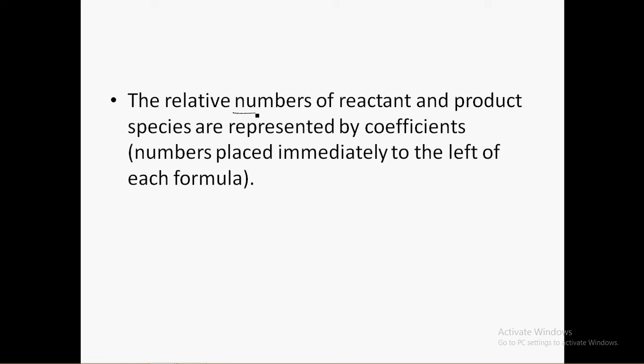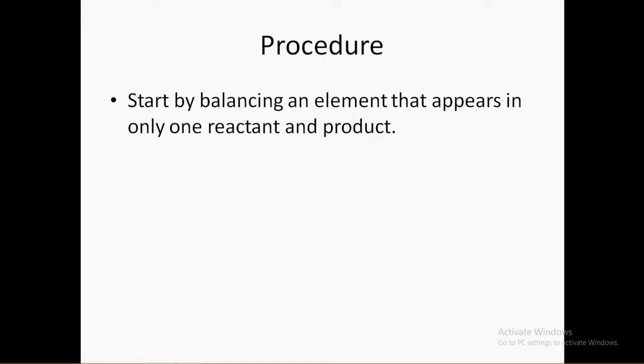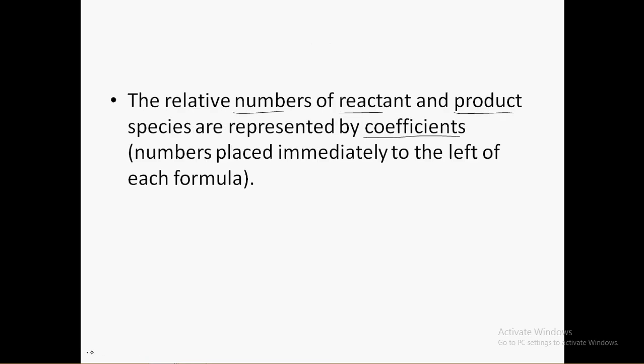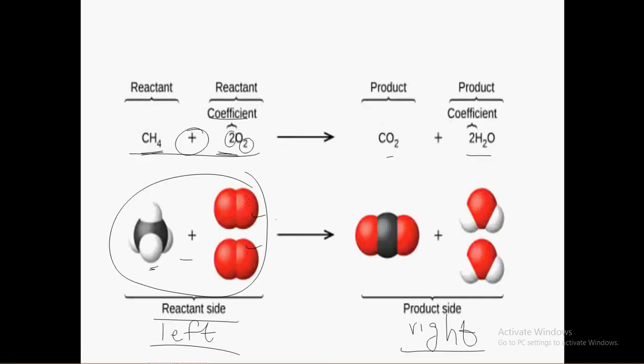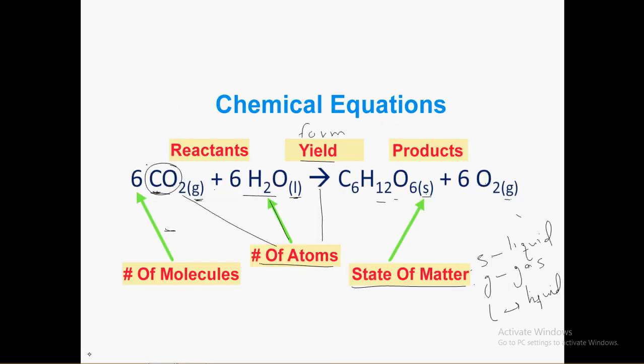The relative number of reactants and the number of product species are represented by coefficients. We have seen before, right? This 6 stands for the number of molecules that take part in the chemical reaction.